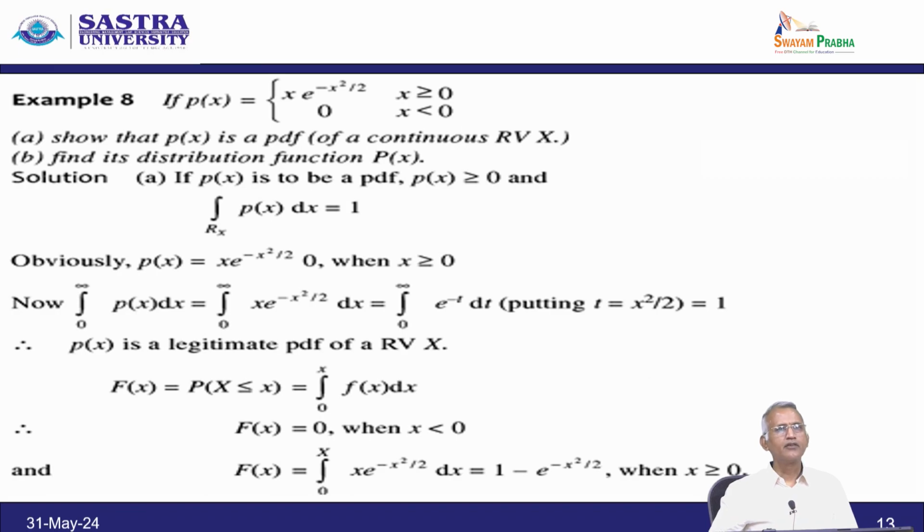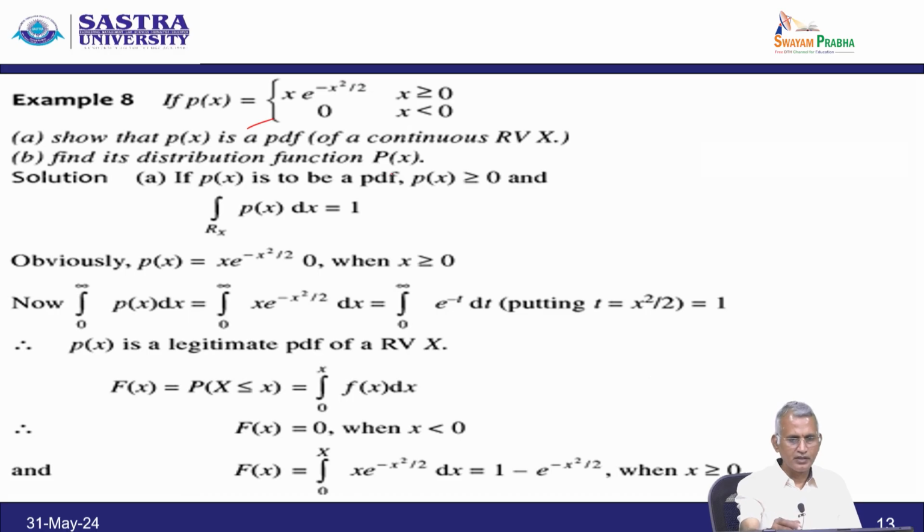Next question: if p of x equal to x into e power minus x square by 2 when x is positive, show that p of x is a PDF, that is a probability density function of the continuous random variable x. Find the distribution function of p of x.